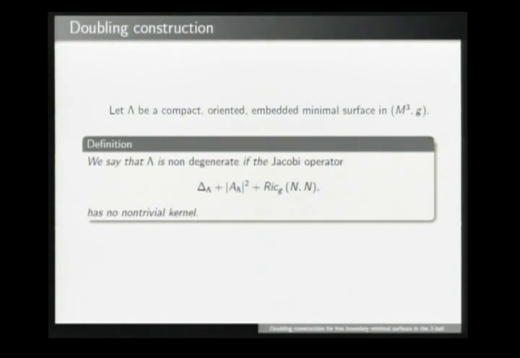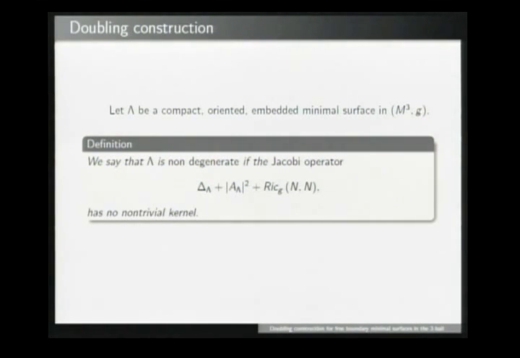So what you do, once you have Lambda, is compute the Jacobi operator, which has appeared already in many talks. This is just the Laplacian on Lambda plus the square norm of the second fundamental form, and then there is the Ricci tensor applied twice to the normal vector. And you say that Lambda is non-degenerate if this operator has no non-trivial kernel.